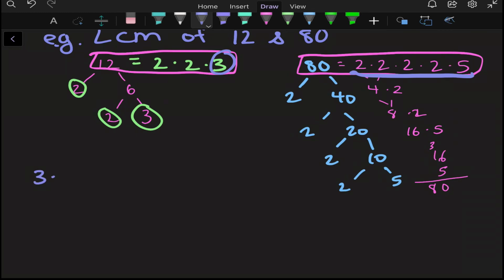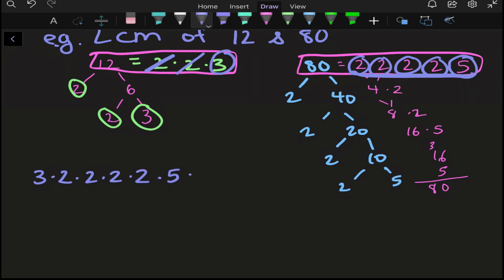Now 12 has 2 2s, but 80 has 4 2s, so I'm going to take the higher number. I'm going to take these 4 2s, 1, 2, 3, 4. Now these 2s are gone as well, and we have a 5 left over. There's no 5s in 12, so we're going to take the 5 as well.